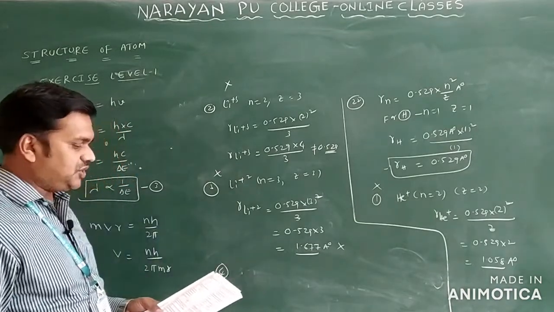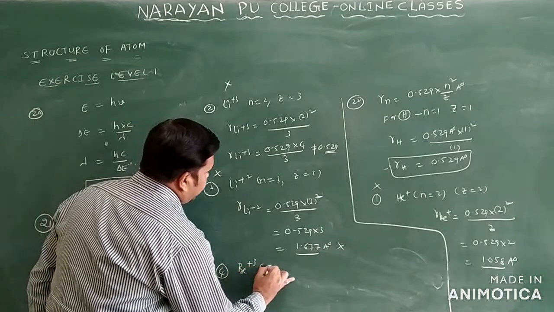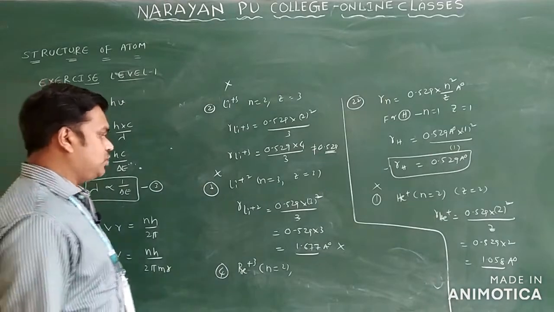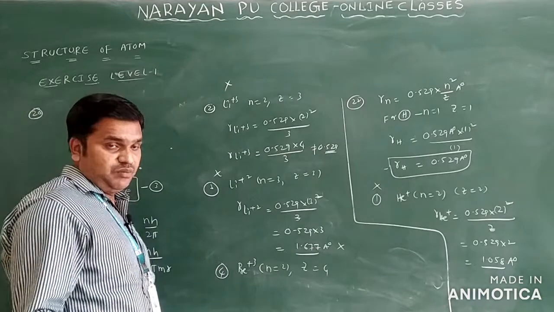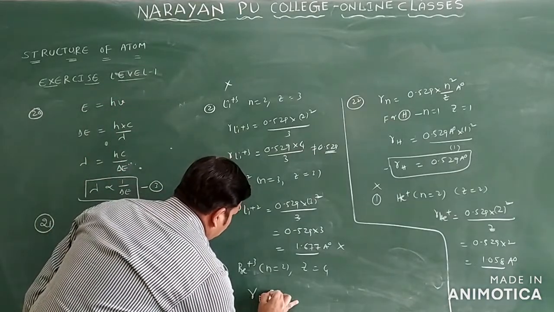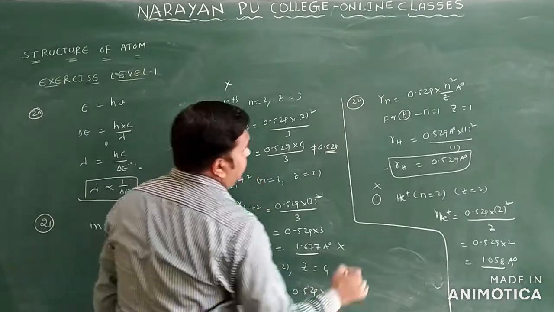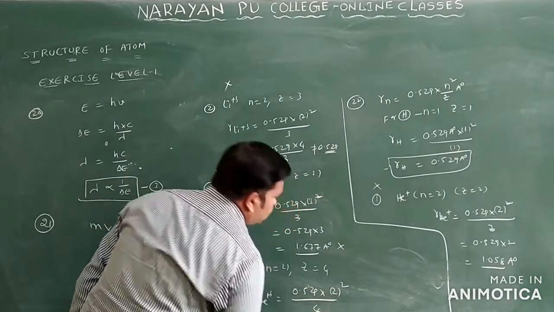Come to the last option, we have Be plus 3, n is equal to 2 only. Z is equal to how much? 4 only. Hydrogen, helium, lithium, beryllium 4. Now I am writing here radius of Be plus 3 is equal to 0.529 into n square, 2 square, by Z value, 4. 2 square and 4 cancel.